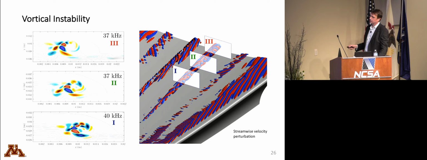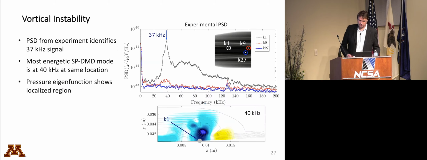And so we predict these frequencies, and then it just so happened that in the experiments there were some Kulites on the surface, and Kulite number 1 here happened to be on top of the disturbance. And here's the PSD that was measured, and it comes in at 37 kilohertz. Our prediction at that location is 40 kilohertz, so we missed by 3.